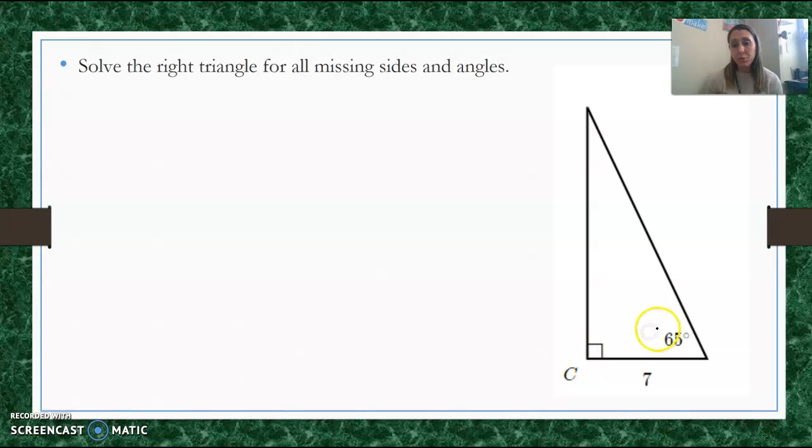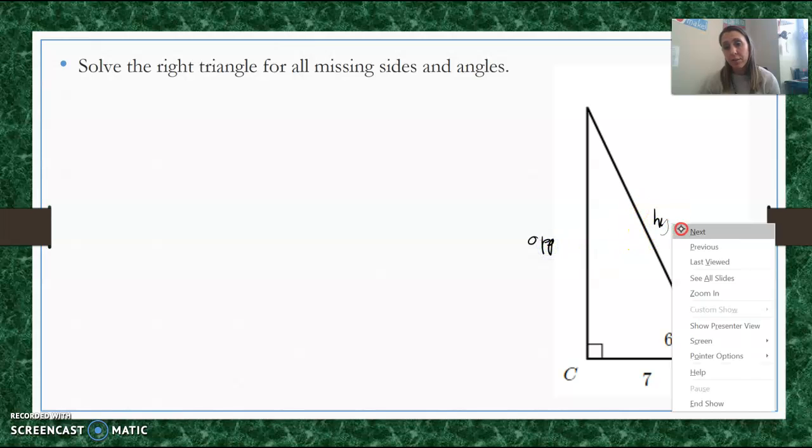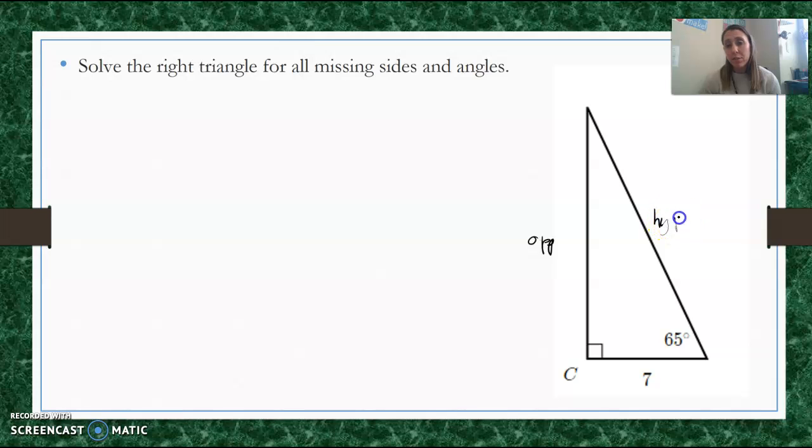Okay, to solve for this, we're going to use our givens. This is an angle, so I'm going to say this is the opposite side of the angle. This is the hypotenuse of the triangle. Hypotenuse is always opposite of the 90 degrees. To solve for this, I have the opposite and the adjacent.